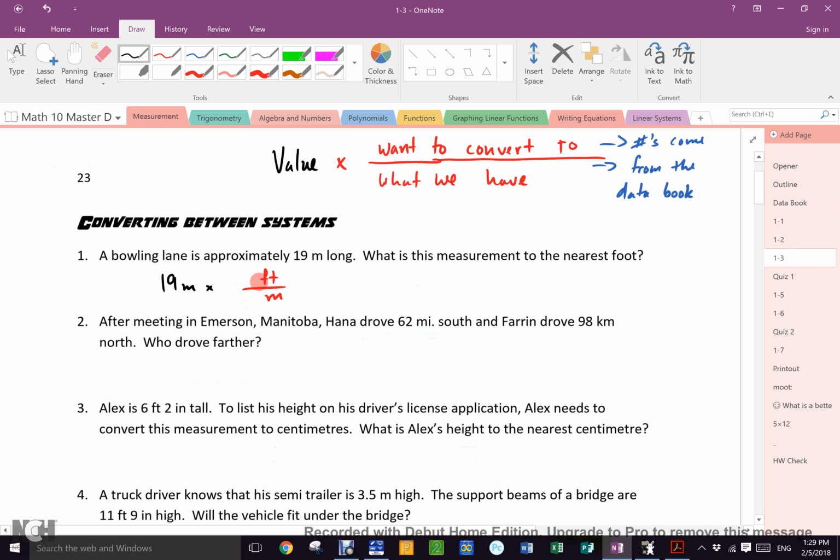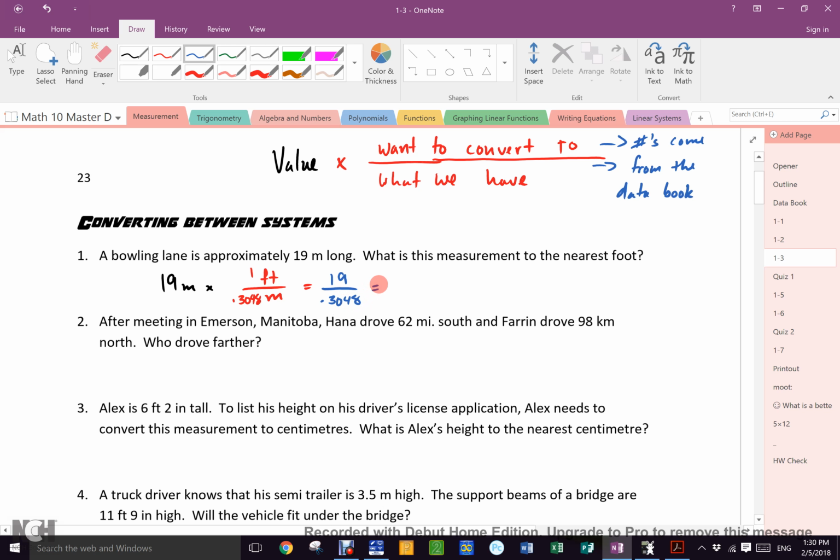So I go to my book and I get the number. 1 foot is 0.3048 meters. Now, the 1 is in the numerator spot, so is this multiply or divide? This is divide. So what I'm going to do with my calculator is 19 divided by 0.3048.